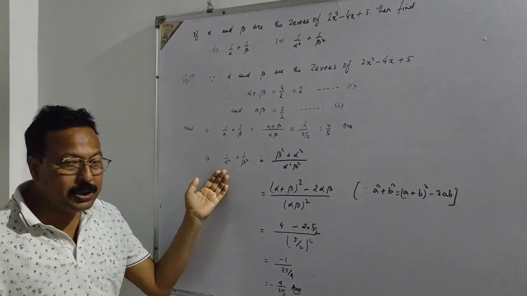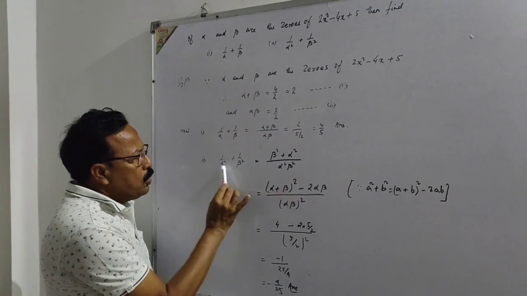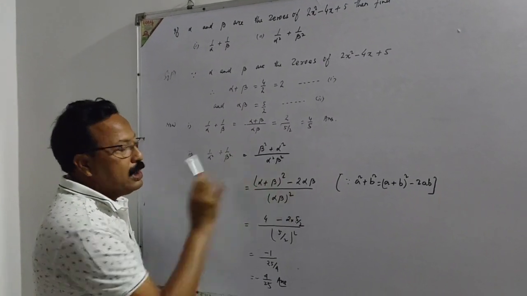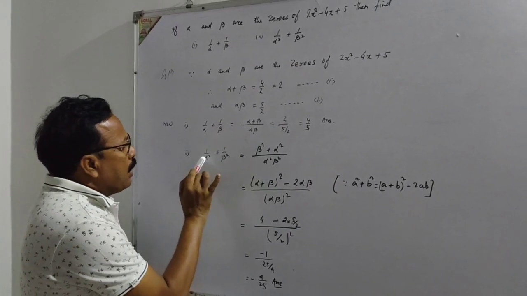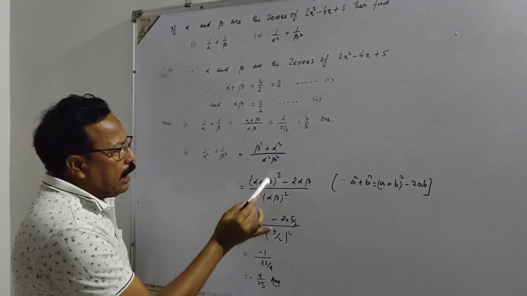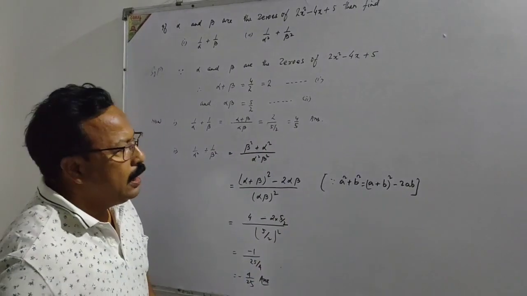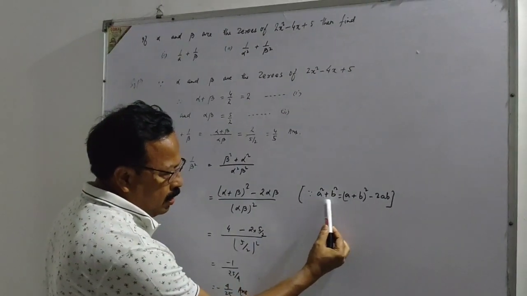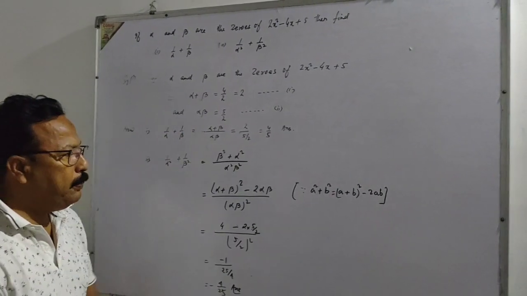In the second question, you can take the LCM, alpha square and beta square, and you will get beta square plus alpha square on top. Since this is the form of a square plus b square, you can write it as a plus b whole square minus twice of ab.